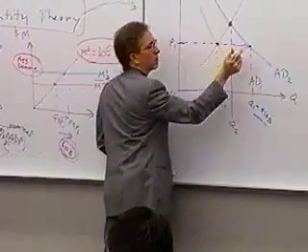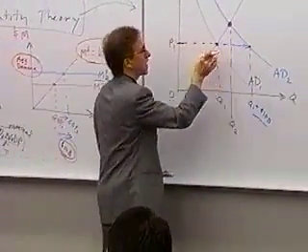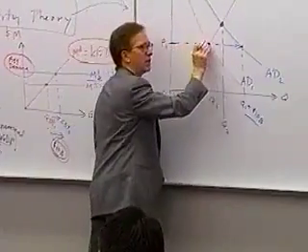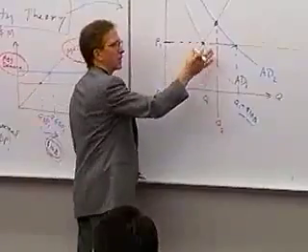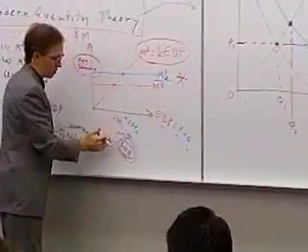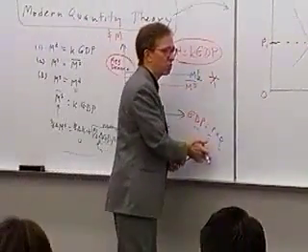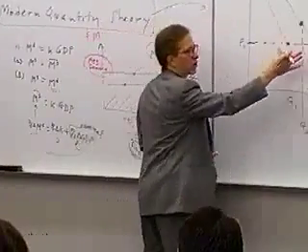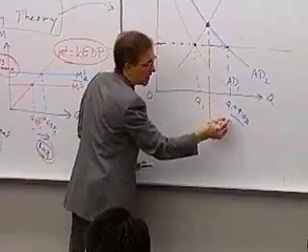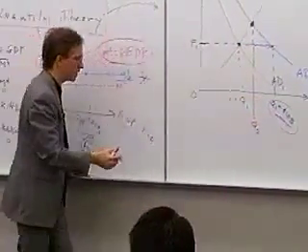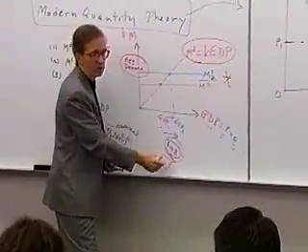At a constant price level, if there was a perfectly horizontal aggregate supply curve, then the increase in GDP in this modern quantity theory would cause the aggregate demand curve to shift to the right by the same $10 billion, and now the new equilibrium would be over here, $10 billion greater than before.